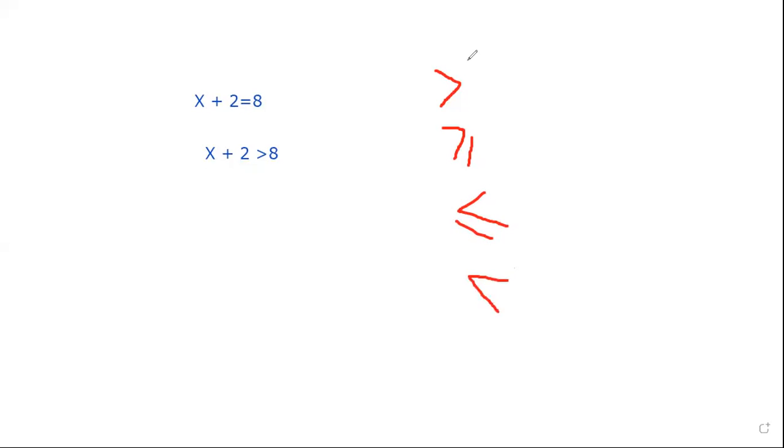Can anyone tell me the name for the first one? Is it bigger or less? This one is greater than, because we read from left to right. What about the second one?